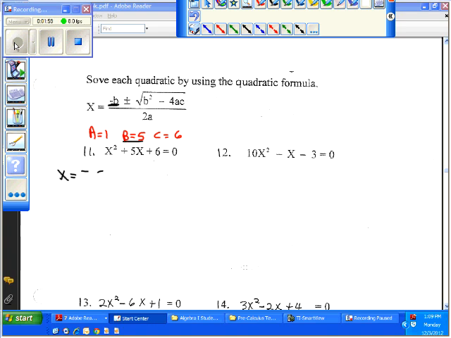The opposite of a positive 5 is -5, plus or minus the square root of my b value, which is 5 squared, minus 4 times a of 1 times my c of 6, all over 2 times the a of 1. Everybody say we got that.